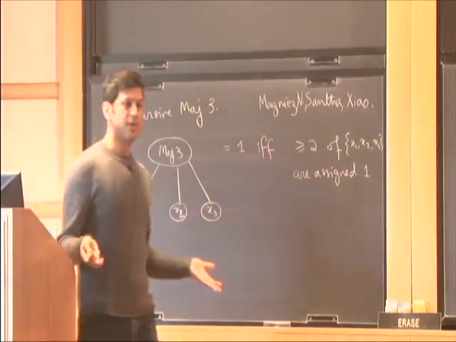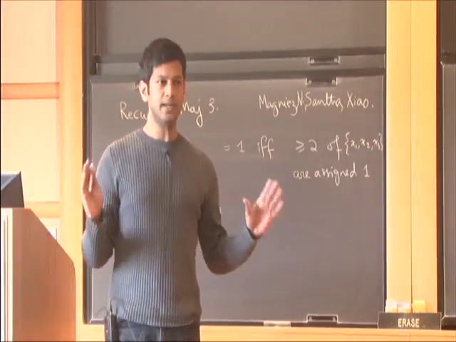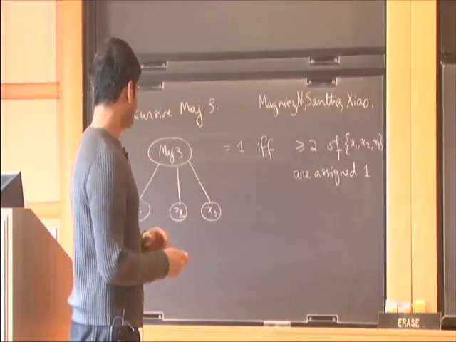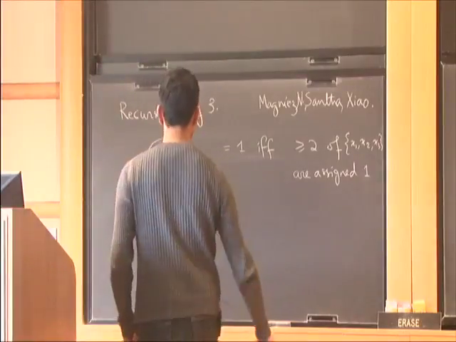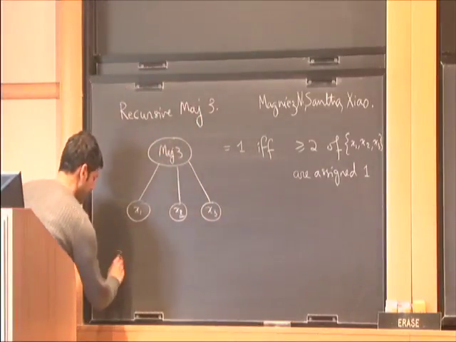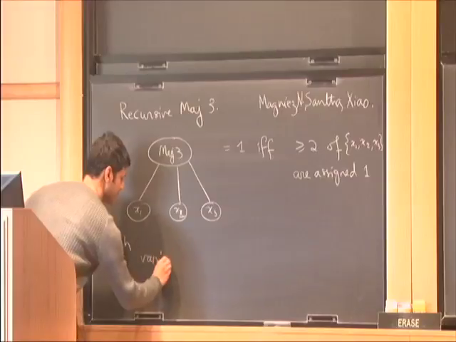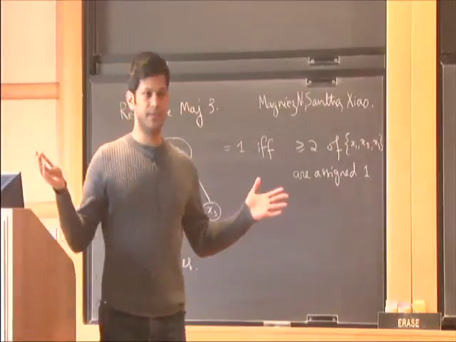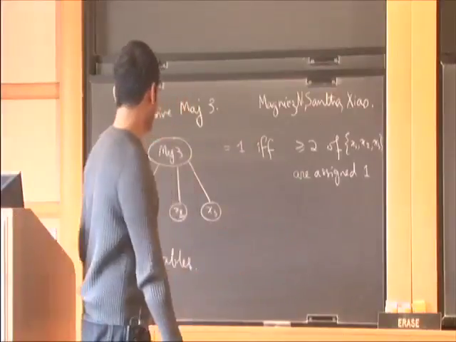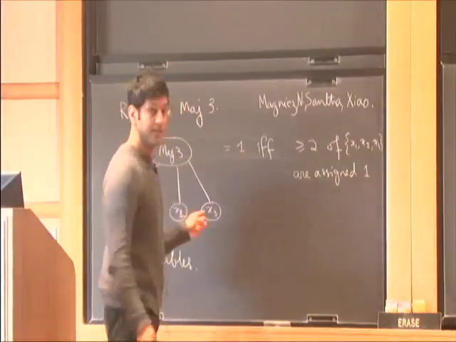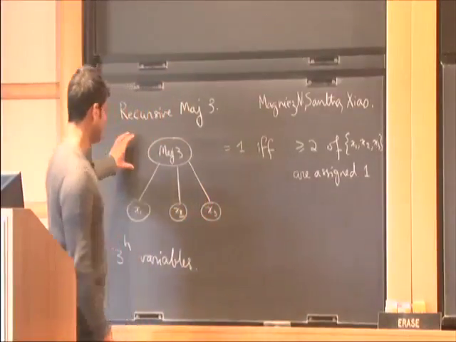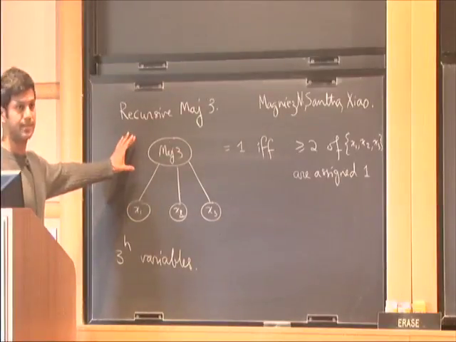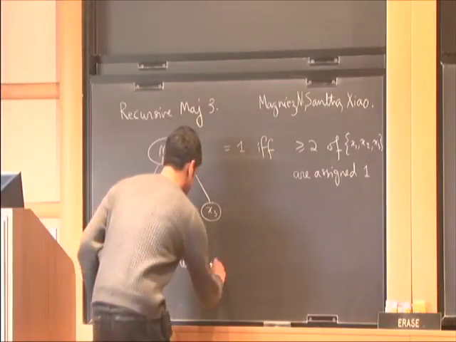You can construct a formula using this one gate over 3 to the h variables, which you can imagine are arranged as the leaves of a complete ternary tree. And then at each of the internal nodes, you have this basic gate, the majority 3 gate.